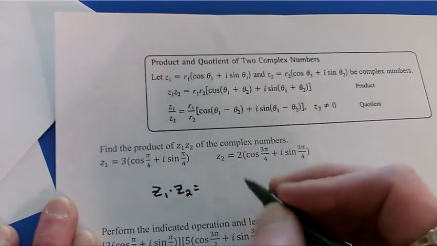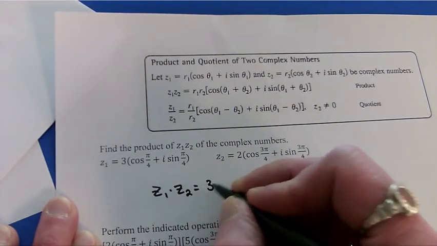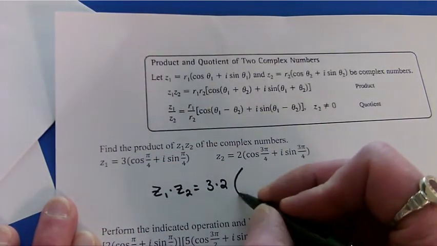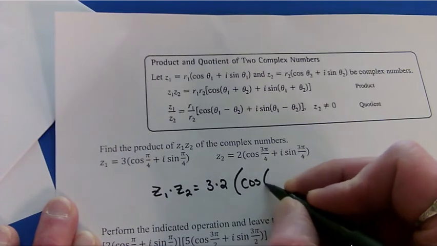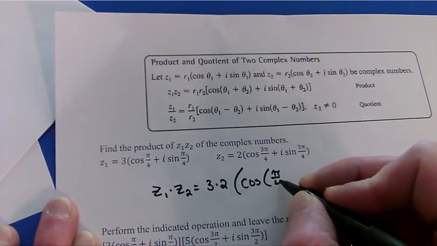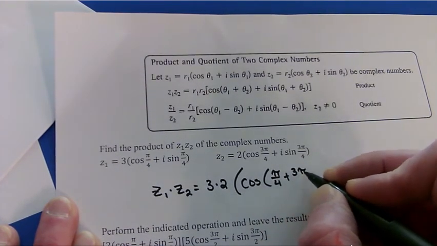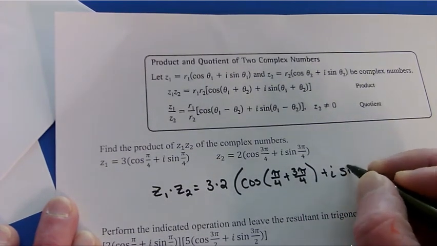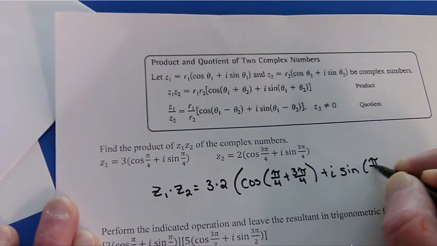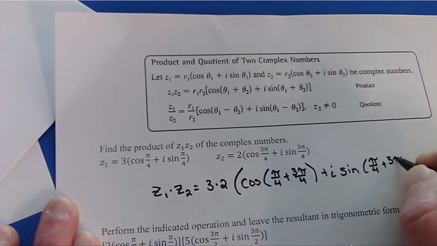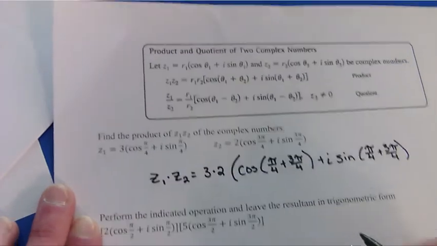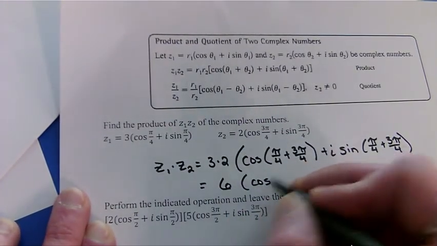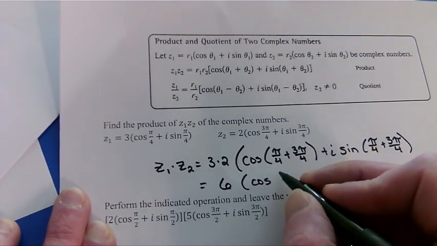So I'm going to multiply the r's together, and then I'm going to add the angles together. One-fourth plus three-fourths is 1 whole pi.